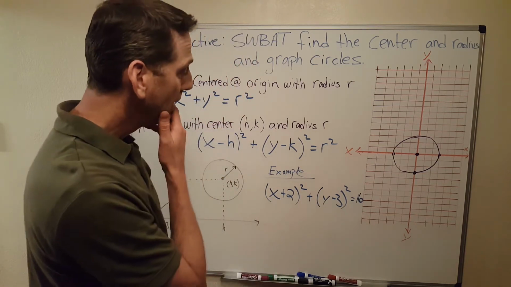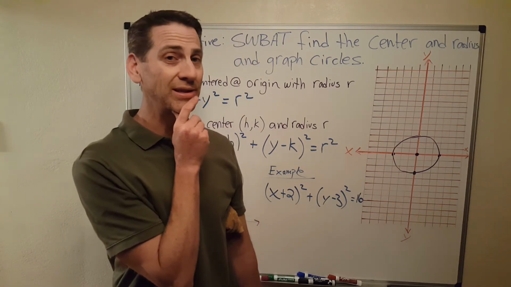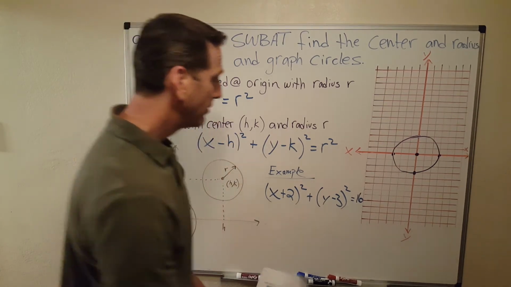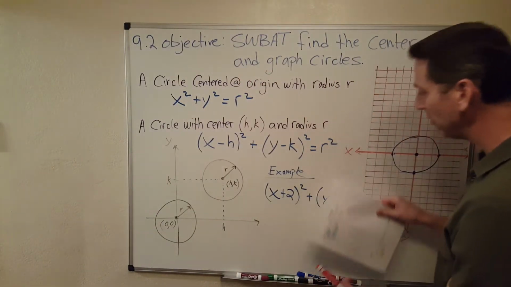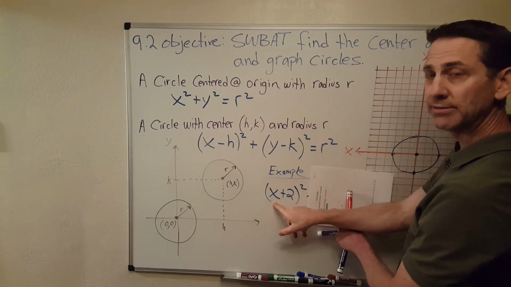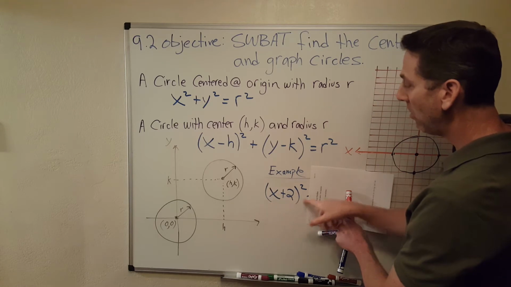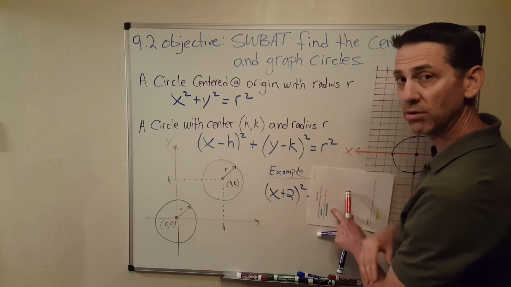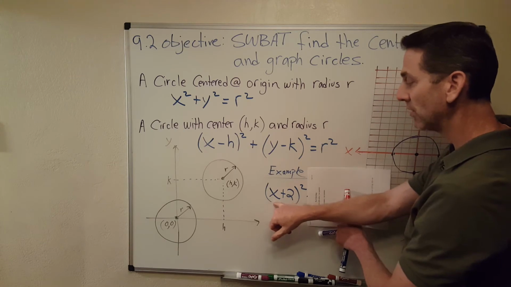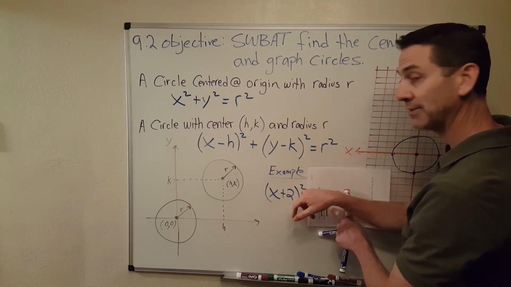So the question is, how is this going to shift? If you remember from parabolas, tell me what value of x would make all of this 0? It wouldn't be 2, because 2 plus 2 is 4, and 4 squared is 16.